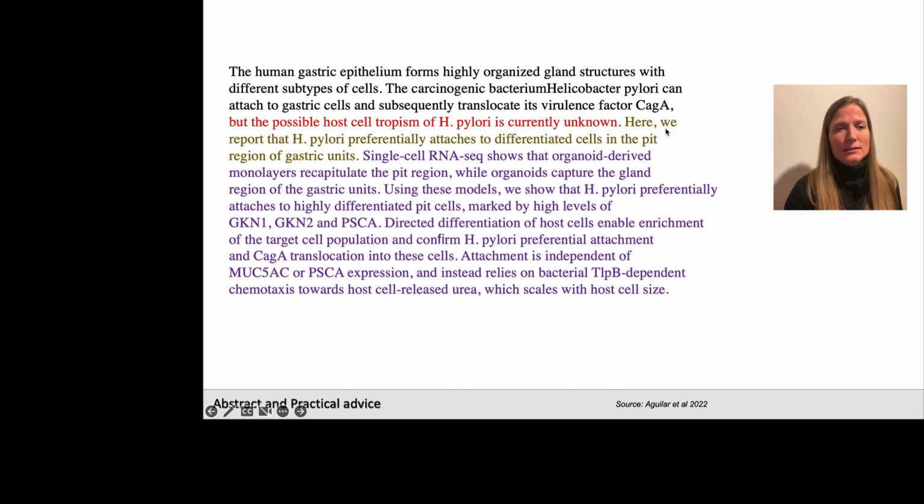Our main result: here we report that Helicobacter preferentially attaches to differentiated cells in the pit region of gastric units. Show a bit more detail, and then I kind of escape and don't really want to use the overall conclusion or the broader implication of what we find.